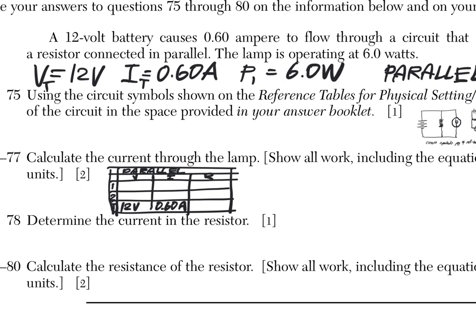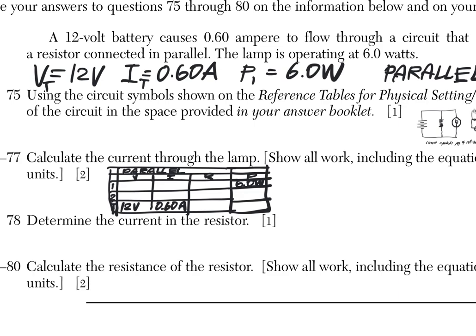We know the power, so let's also include a power column, and it says the power of the lamp is 6 watts. So we do know the power. We don't know any of the resistances, but we can figure that out.